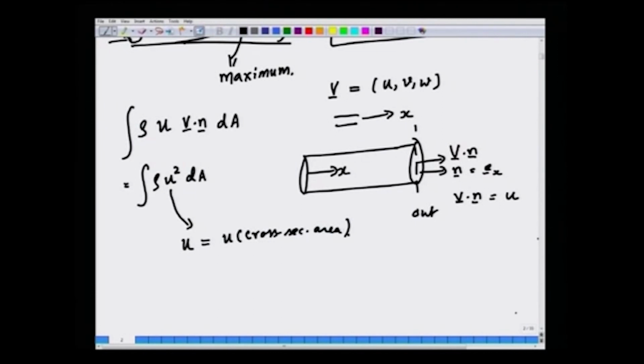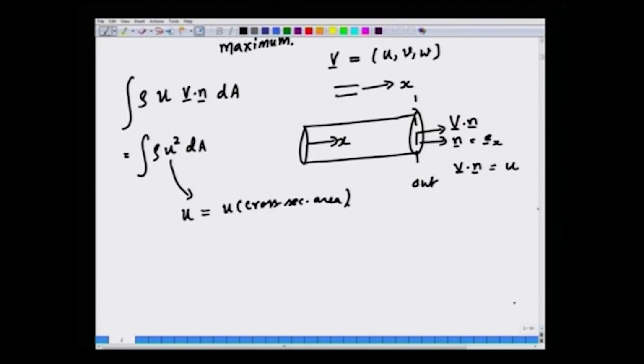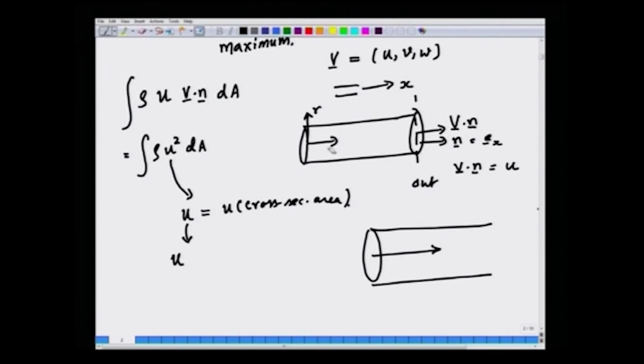In principle, you first need to know how u is a function of position. Let us say you have flow in a pipe. It is useful to use polar coordinates, where, to be correct, we call the flow direction z, and then r, and then theta.